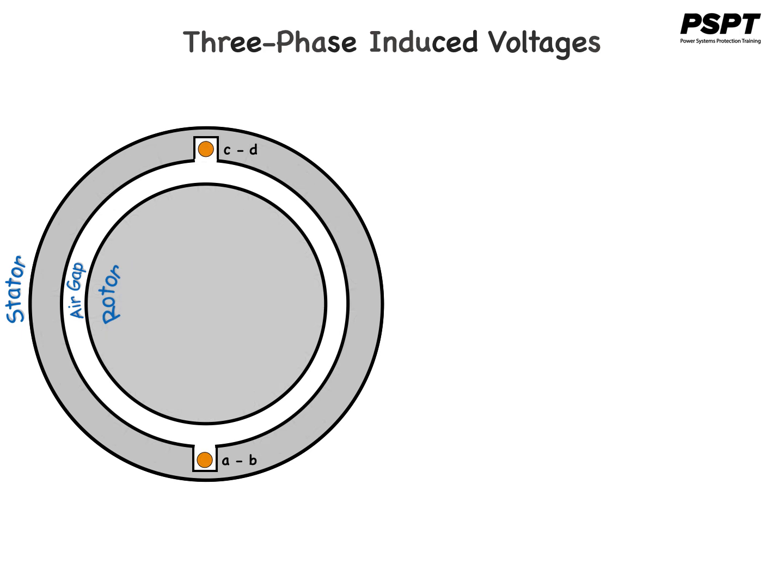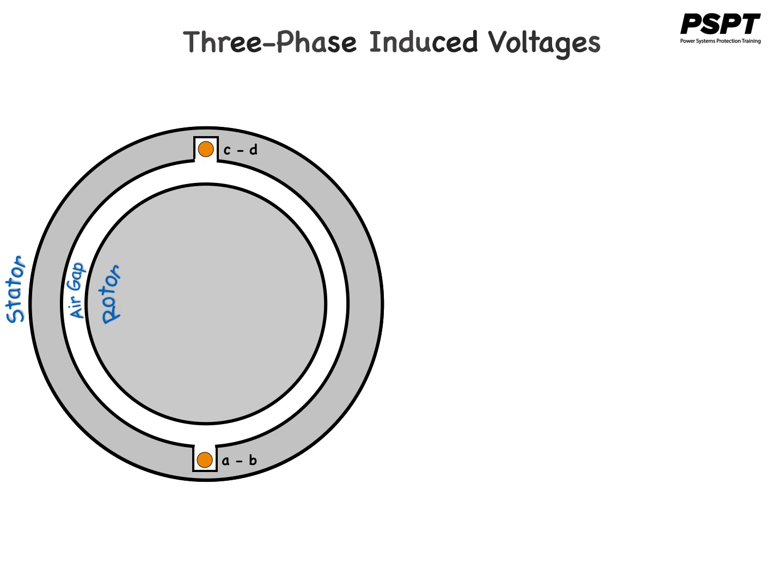In order to study this generator further, I'm going to remove the bulk of the stator frame detail. Just as a three-phase set of currents in a stator can produce a rotating magnetic field, a rotating magnetic field can produce a three-phase set of voltages in the coils of a stator. The equations governing the induced voltages in a three-phase stator will now be developed.